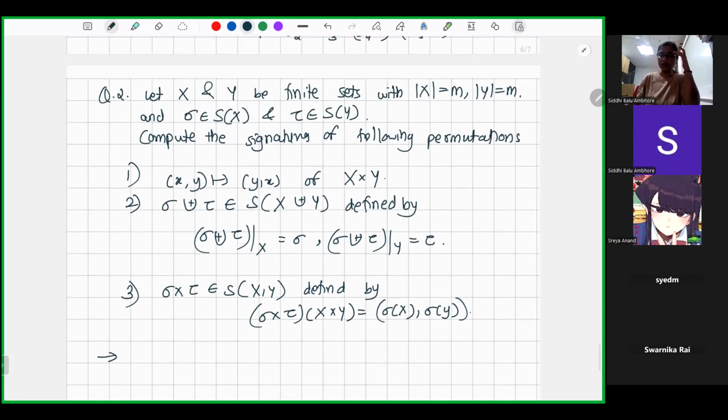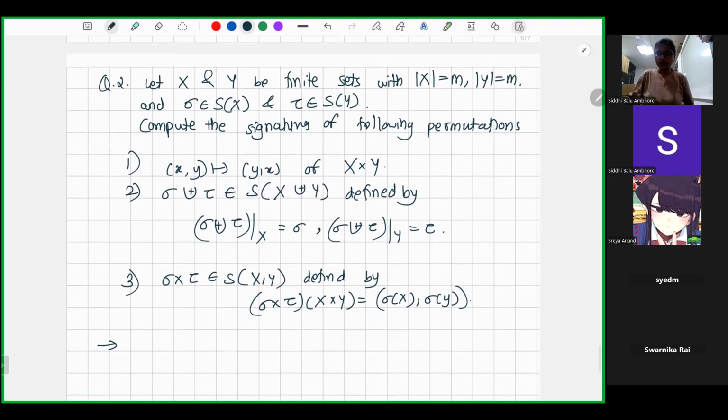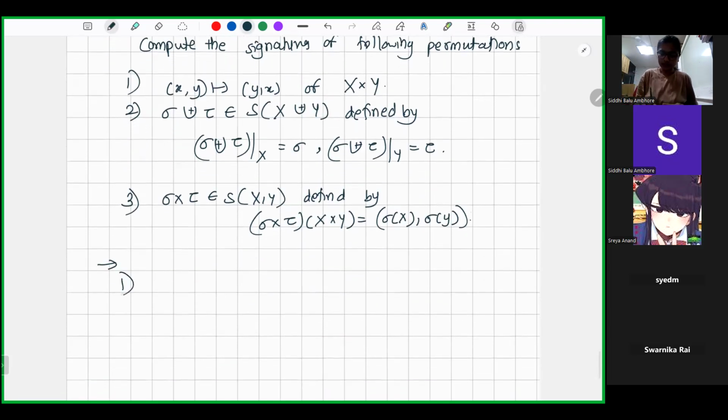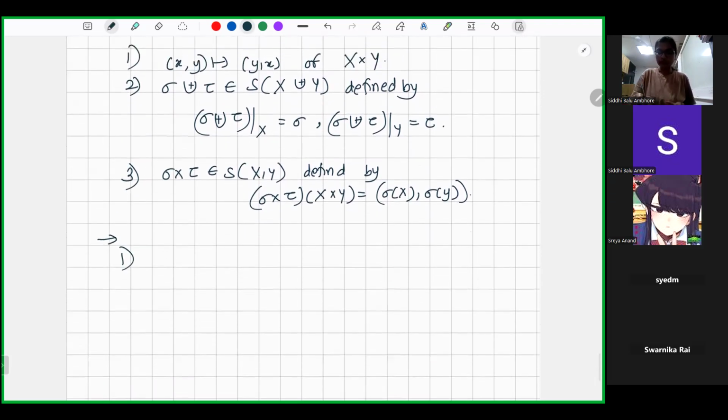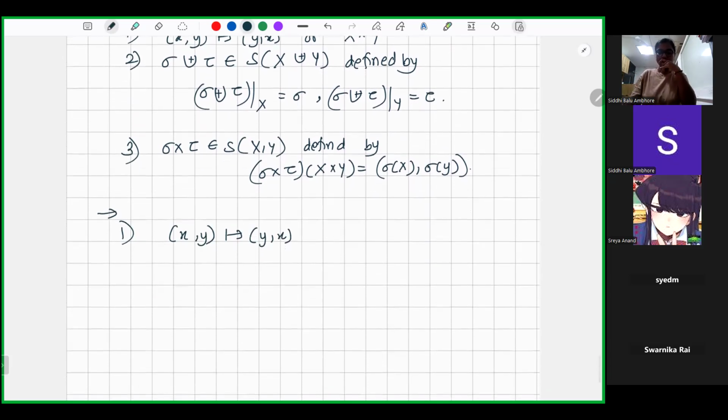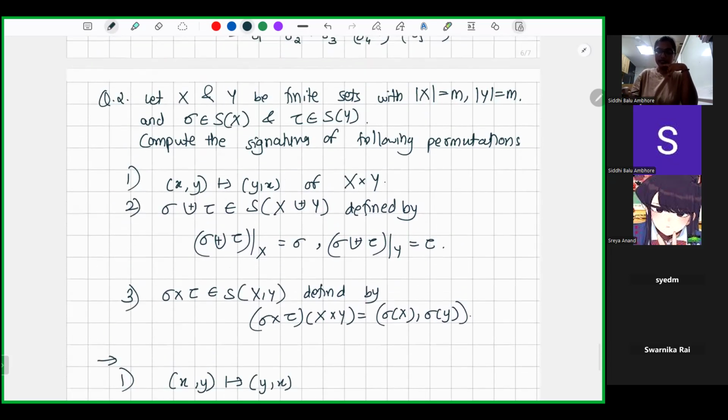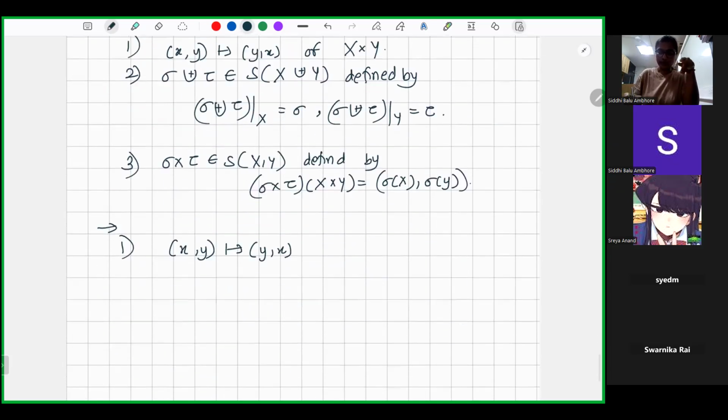I hope you understand what the permutations here are. First of all, I will explain each as we go further. So first one, this is my permutation. When they are writing this, what does this mean? So this is xy going to yx, and everything is happening in x cross y, right?